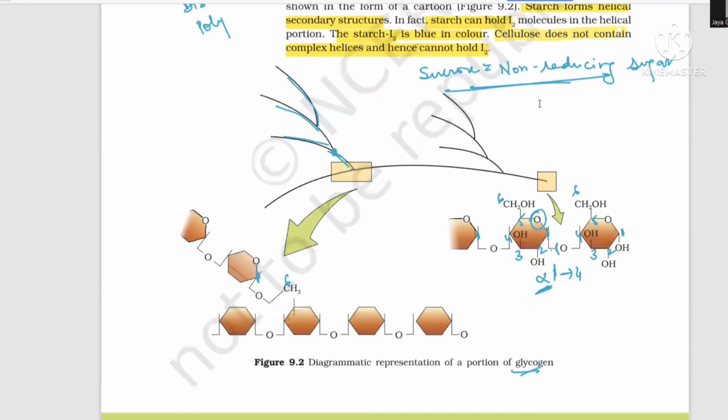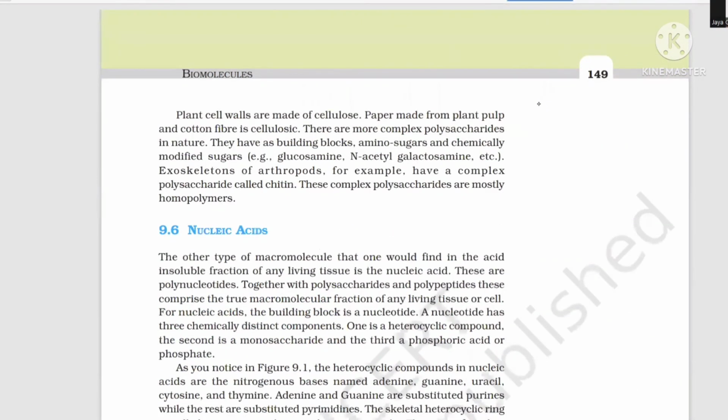So I hope your concept is clear up till here. Now see, you know very well plant cell wall is made up of cellulose, and paper is made from plant pulp, and cotton fiber is nothing but cellulose. So this much is clear to you. Now, apart from this, there are other more complex polysaccharides present, and their building blocks are amino sugars, chemically modified sugars, for example, glucosamine.